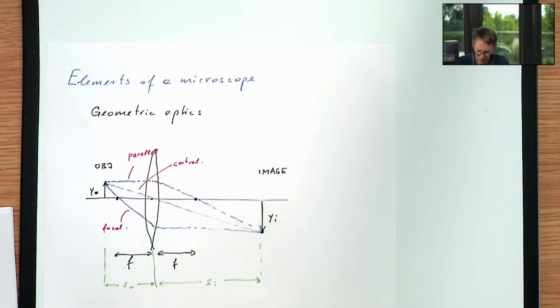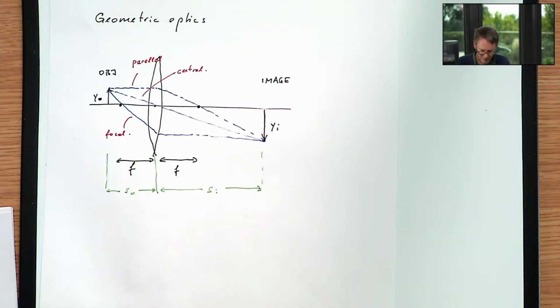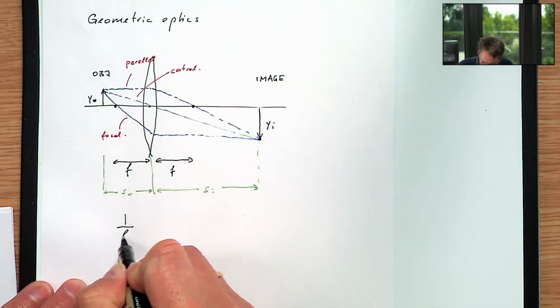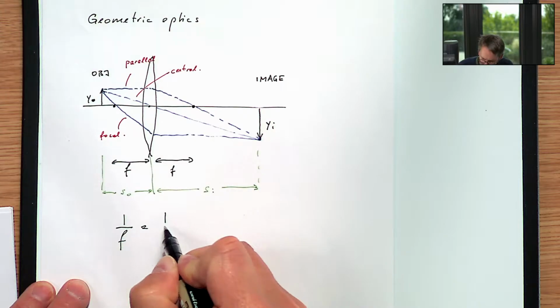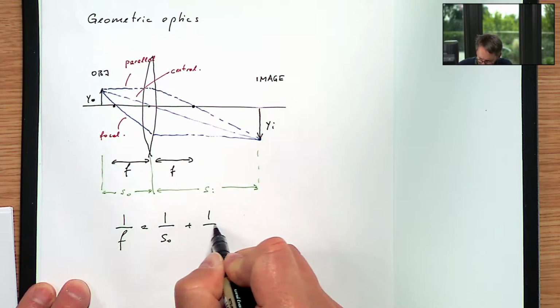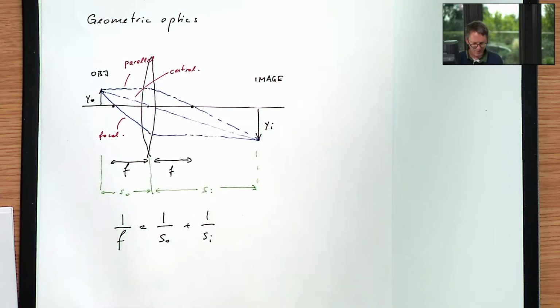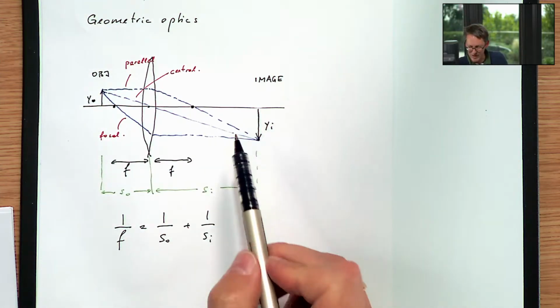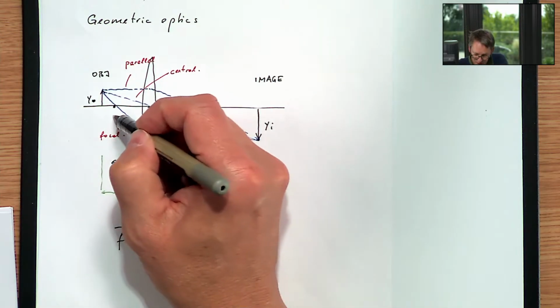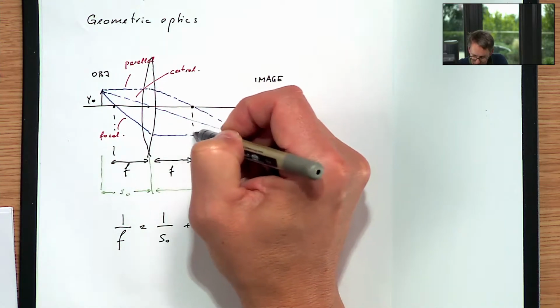So that you find from Newton that 1 over f is equal to 1 over SO plus 1 over SI. From that formula, you can work out where the position SI is of the image. If you know what SO is, you could measure that and find out what SI is, if you know what f is for the lens.